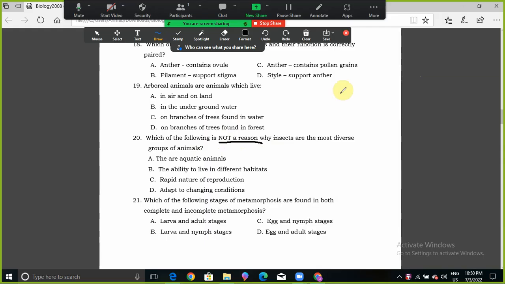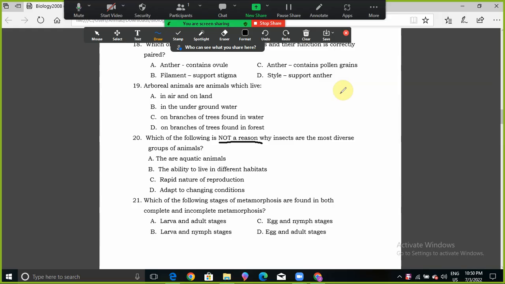Why aquatic animals? Aquatic animals means animals which live only in water, like fish, whale, shark and other animals that live only in water.